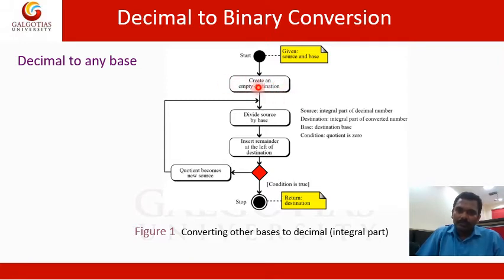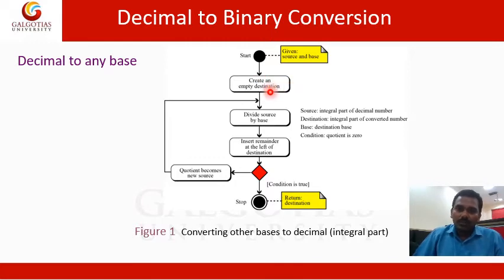Here, your source is basically a decimal number, and we have to find the binary number from this. So this is the flow chart for the conversion of the decimal number system to the binary number system.